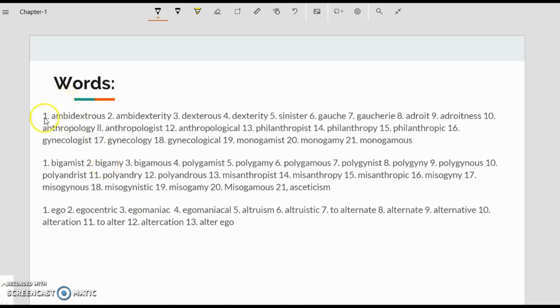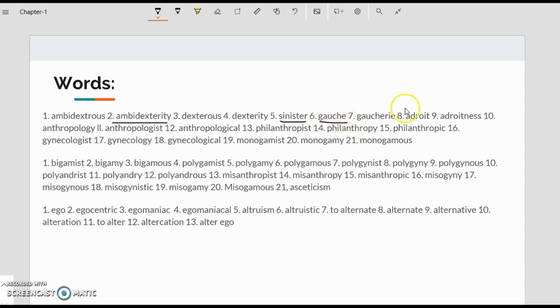So the words we discussed are ambidextrous, ambidexterity, dexterous. Dexterous means skill, ambi means both, ambidexterity means skillfulness with both the hands, both the ways. Sinister means left-handed person, but its English meaning is bad or evil or awful because in the olden times, left-handed persons were called evil persons.